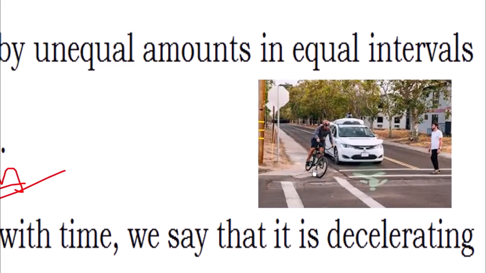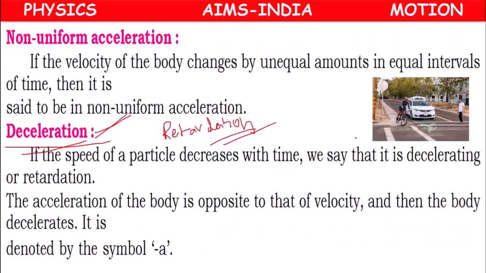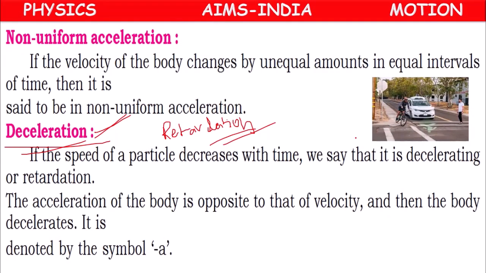Suddenly this cycle, this person comes in front of the car. What will we do? We will apply the brake. If it is traveling at great speed, because of the brakes, the car's speed will be decreased. That decrease of speed or velocity is called deceleration or retardation or negative acceleration.